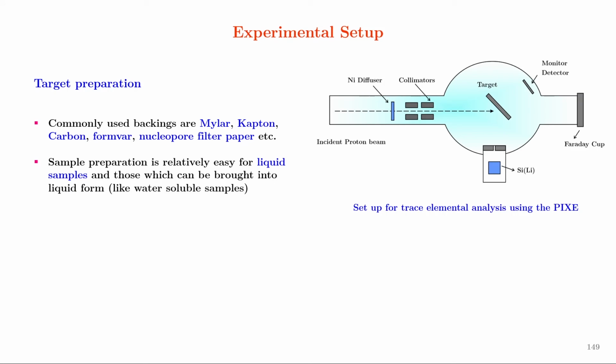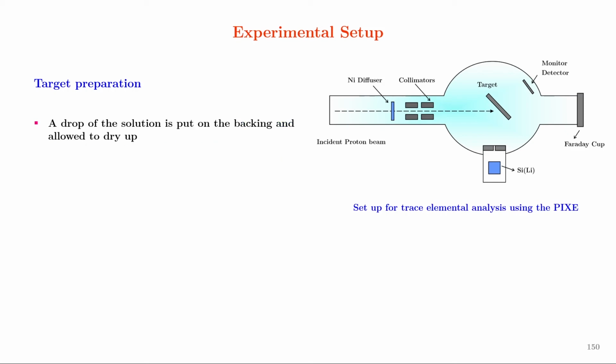Sample preparation is relatively easy for liquid samples and those which can be brought into liquid form, like water-soluble samples. The water used for this purpose should be double distilled and deionized. When we use a liquid sample, a drop of the solution is put on the backing and allowed to dry up.